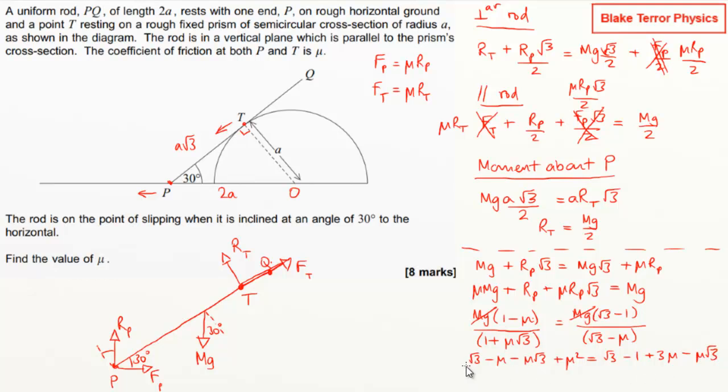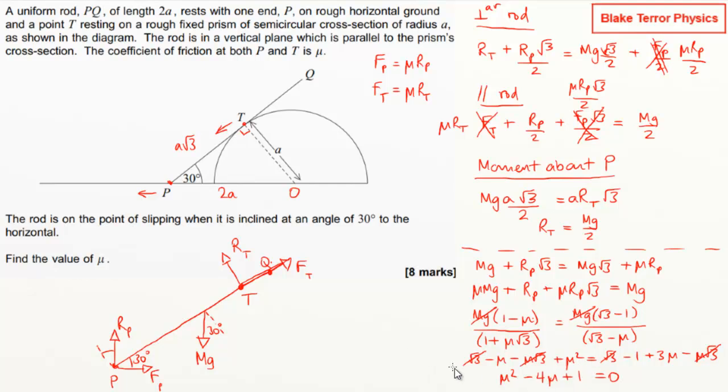Right, we've got lots of things that seem to be able to cancel here. So we can get rid of a root 3 on each side. We can get rid of a minus mu root 3 on each side, which leaves us with mu squared minus 4 mu plus 1 equals 0. So we've just got to solve this, and then we're sorted.